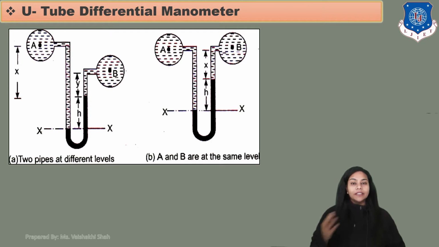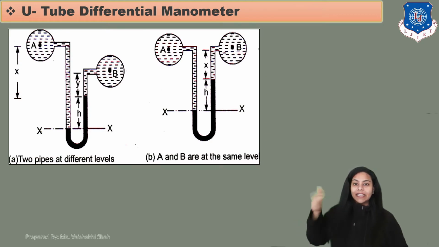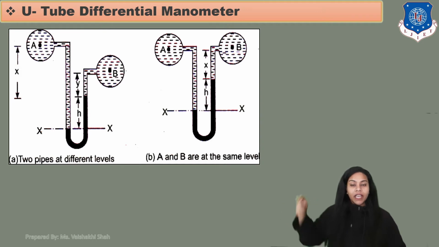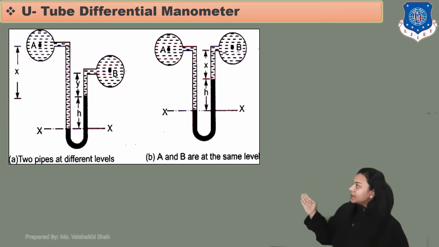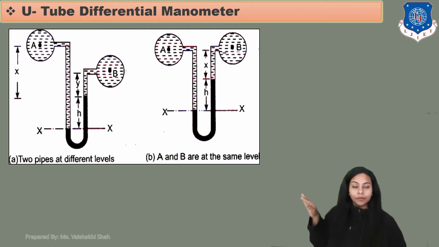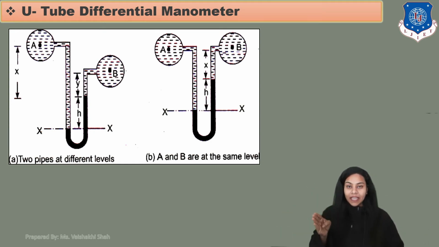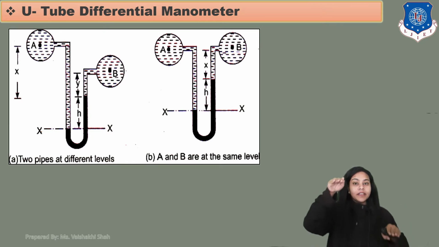As you can see in this figure, there are two different manometers. The first diagram indicates two pipes, pipe A and pipe B. In the first figure, pipe A and pipe B are at different levels.